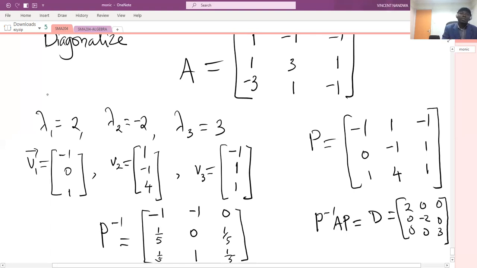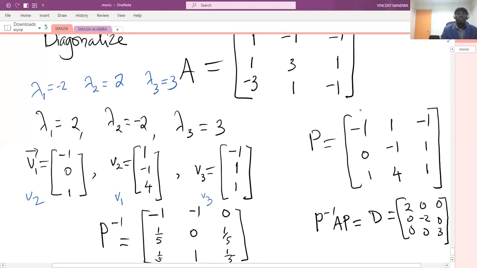Another person could have labeled lambda 1 to be negative 2, lambda 2 to be 2, and lambda 3 to be 3. If this is your labeling, then the eigenvectors will actually vary. This one will be V2, and this one will be V1, and this one will be V3.